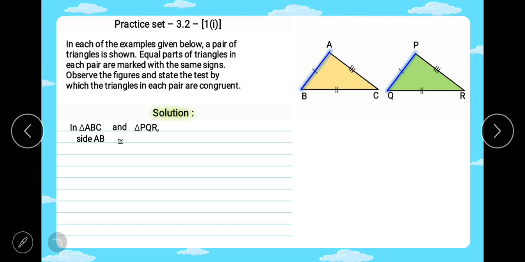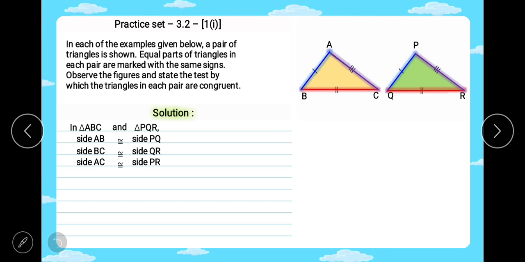Now the next one: you can see this equal mark on both the triangles, so write down the second one, side BC is congruent to side QR. Now the next one is AC congruent to PR. This also we note down.